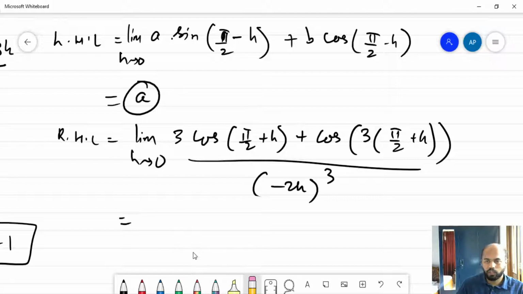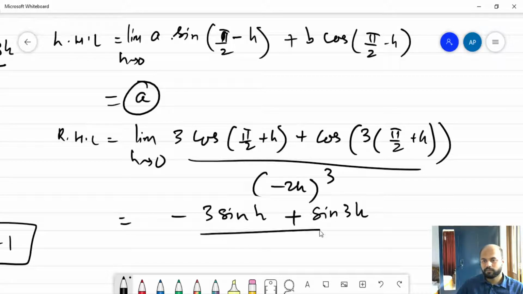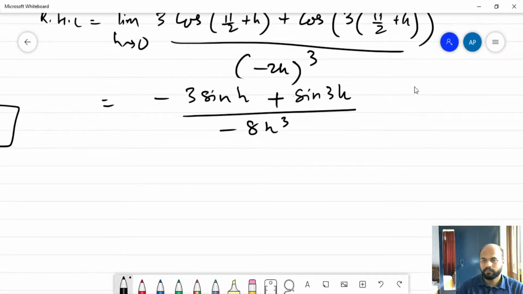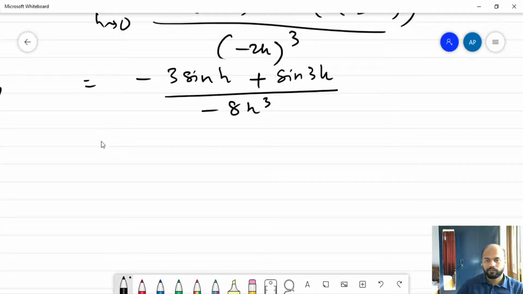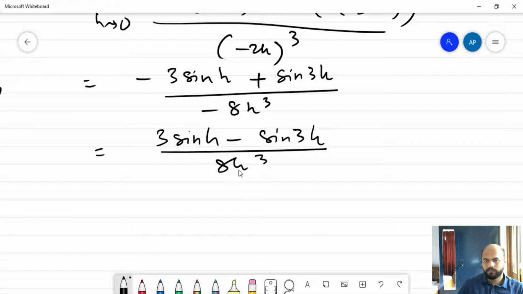You can clearly see that cos of pi by 2 plus h is minus sin h. So this is going to be minus 3 sin h. And overall, this is going to be cos of 3 pi by 2 plus 3h, which is in the fourth quadrant. In the fourth quadrant, cos is positive and would come out as sine of 3h, divided by minus 8h cube. Let's simplify this further and write it as 3 sin h minus sine 3h by 8h cube.